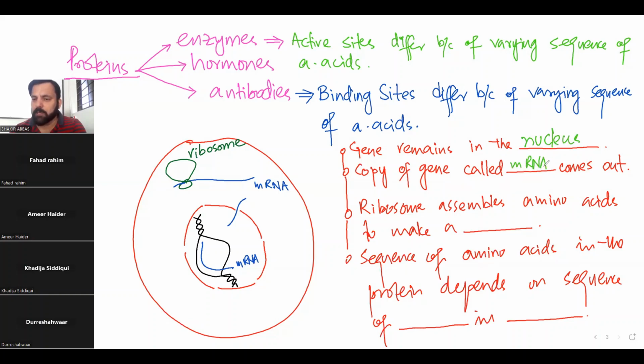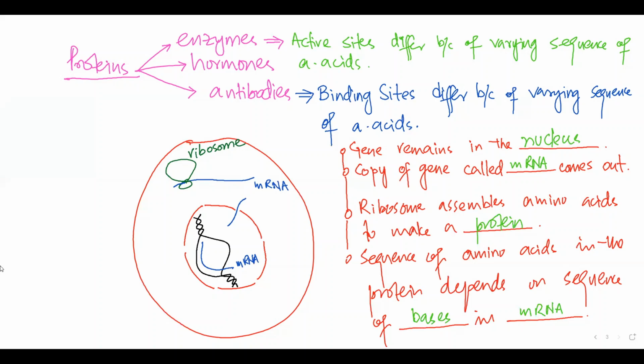Remember, M is small, RNA is big. What is meant by M in mRNA? Messenger RNA. It takes the message out. And the sequence of bases in mRNA further depends on the sequence of bases in DNA.